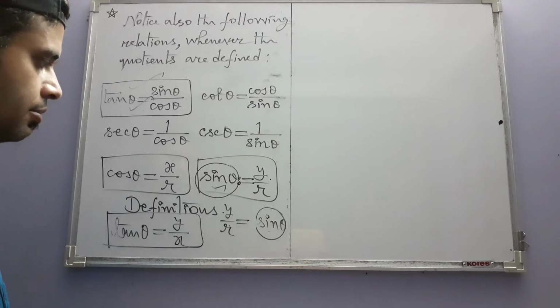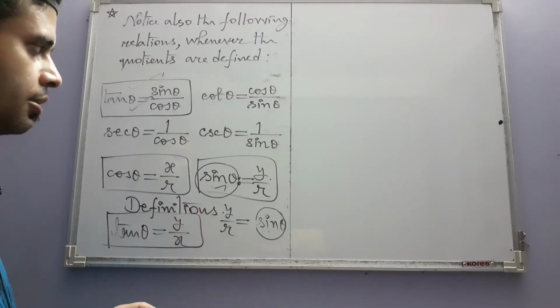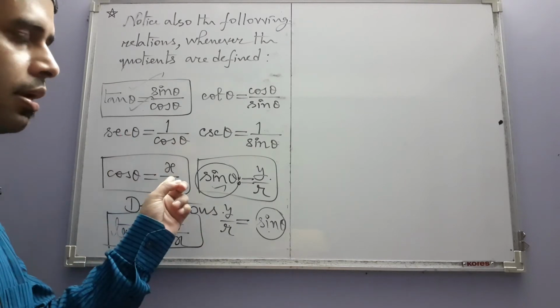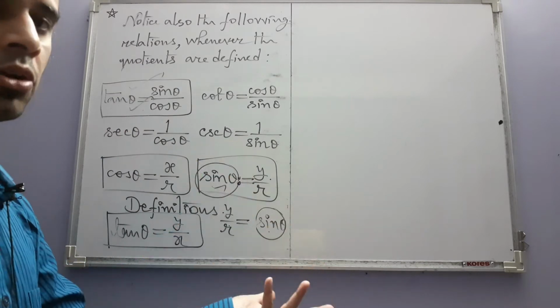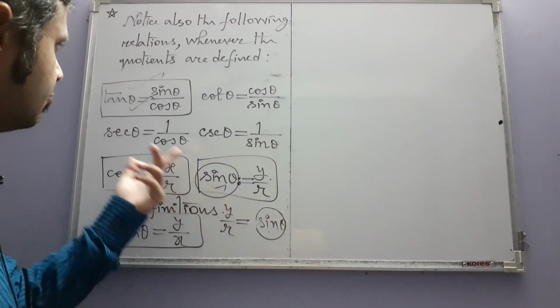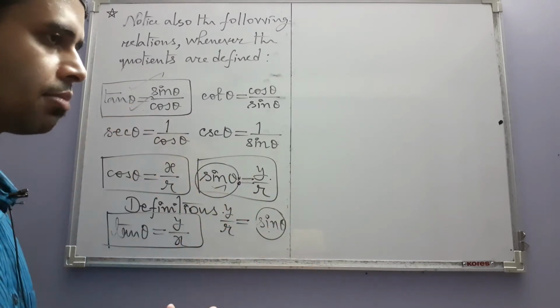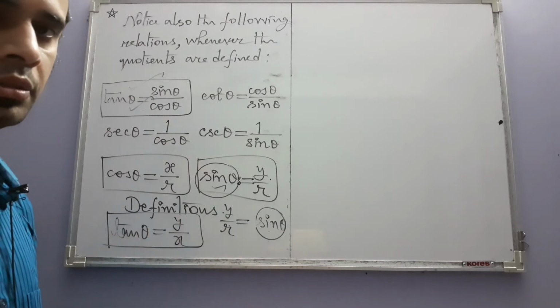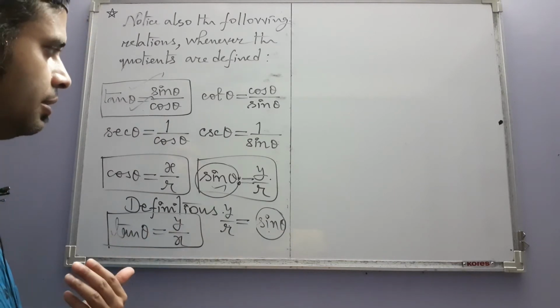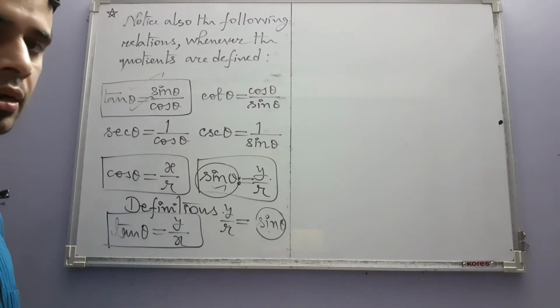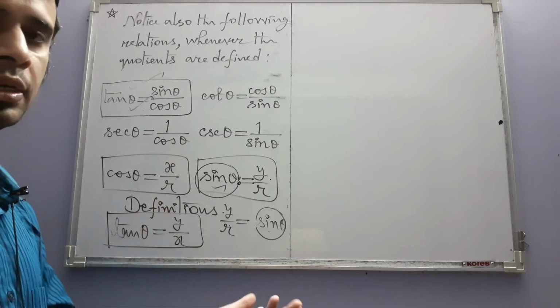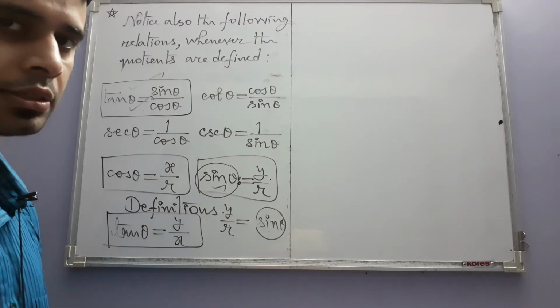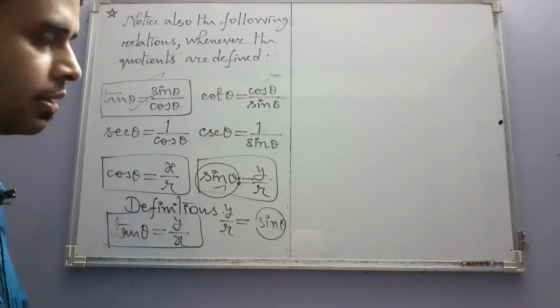And the good thing about this extension is that those original relations, that is things like this, still continue to be true. Even if your theta is, for example, 1000 radians or some such very big angle, which of course does not have any meaning in ordinary Euclidean geometry in terms of right angle triangle.